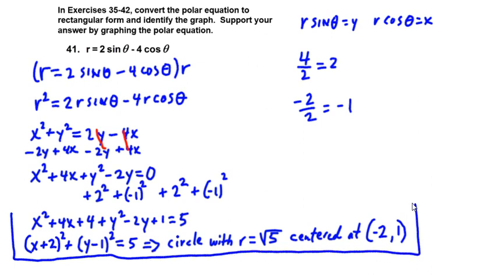Actually, I want just this bottom line here. That's going to be quantity x plus 2 squared plus quantity y minus 1 squared equals 5. Circle, radius square root of 5, centered at the coordinate pair, negative 2 comma 1.